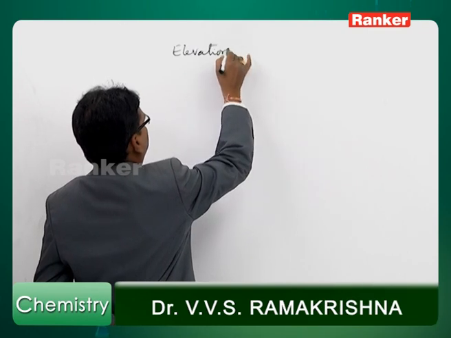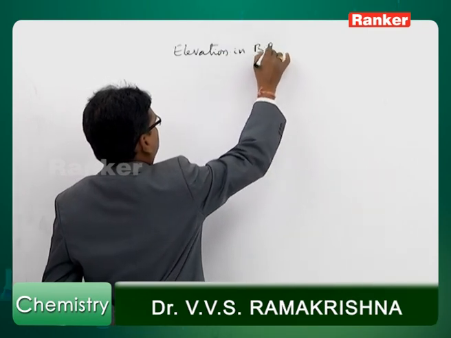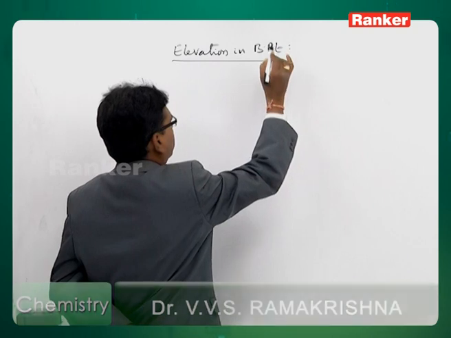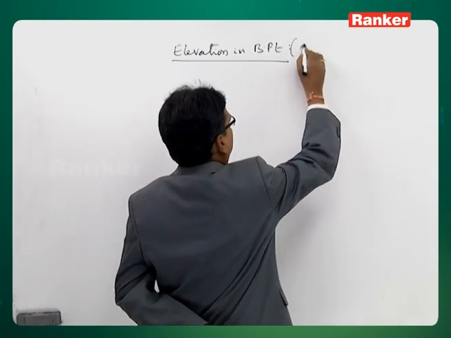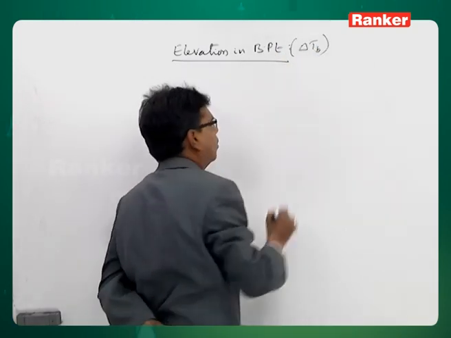Elevation in boiling point, this we represent with the symbol delta TB.